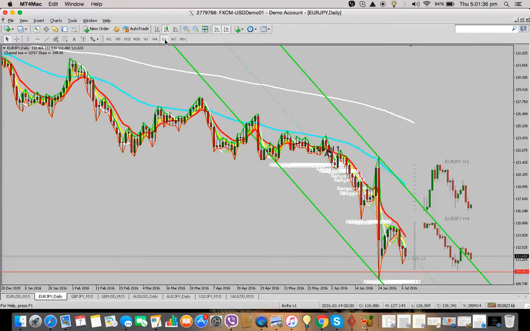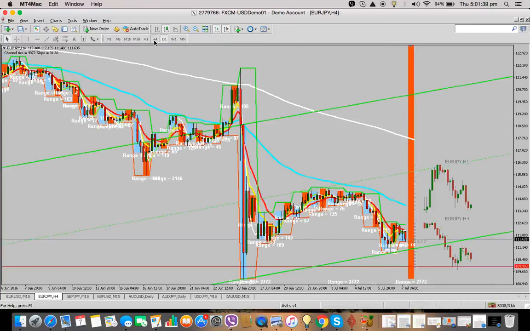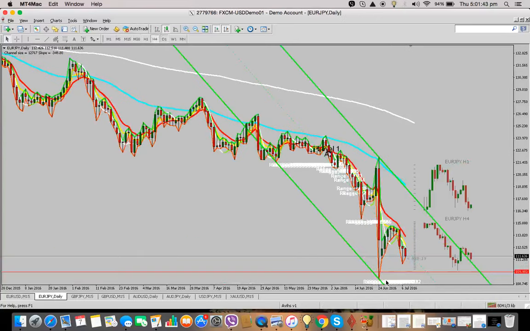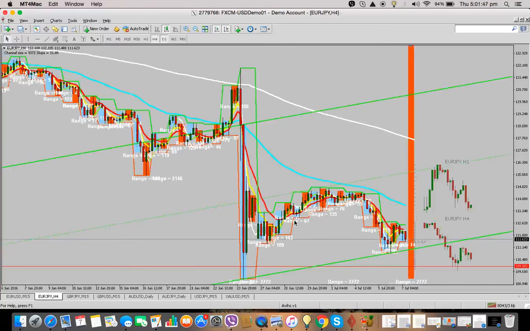Now, what you want to do is work your way down, jump onto the 4-hour chart. If you have drawn lines into your daily charts and you've priced them, numbered them, jump onto your 4-hour chart and have a look to see what the market actually did around those points. In this case, we've got a very comfortable gap between this line and the body of this candle, so something to look at, certainly.